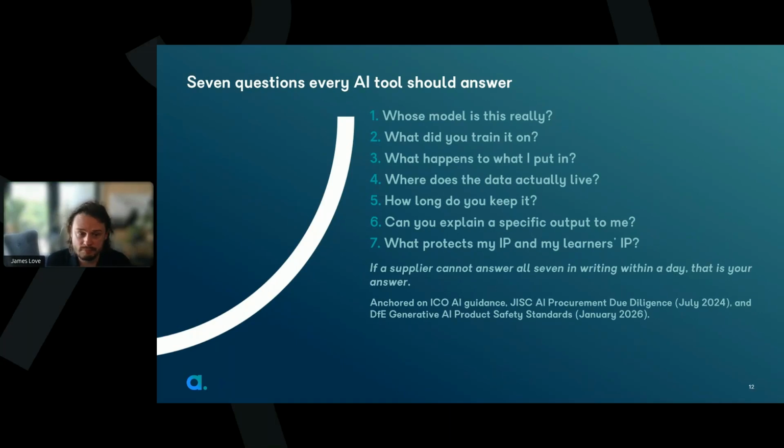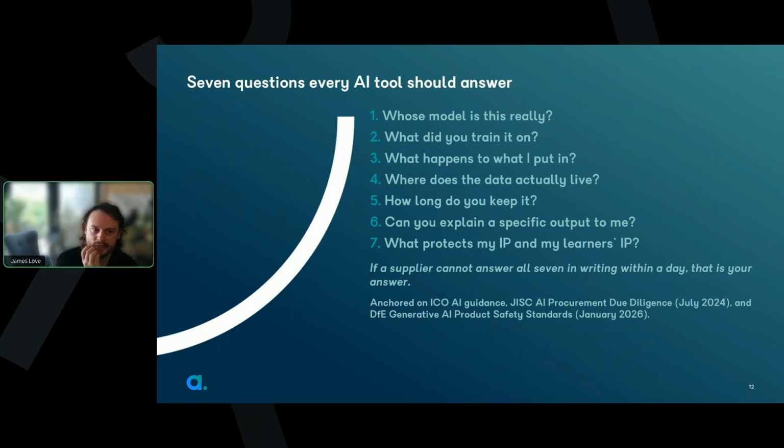These come ultimately from 3 UK authoritative sources: the ICO's AI guidance and the AI auditing framework, which is the UK GDPR backbone, JISC's AI procurement due diligence framework from July 2024, and the DfE's generative AI product safety standards, published back in January of 2026.